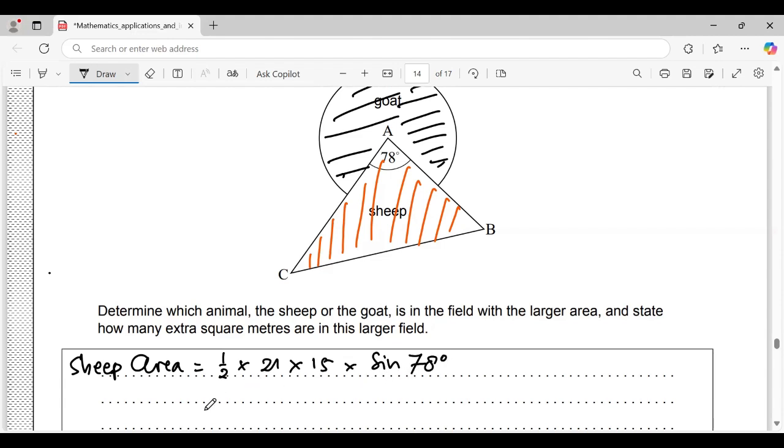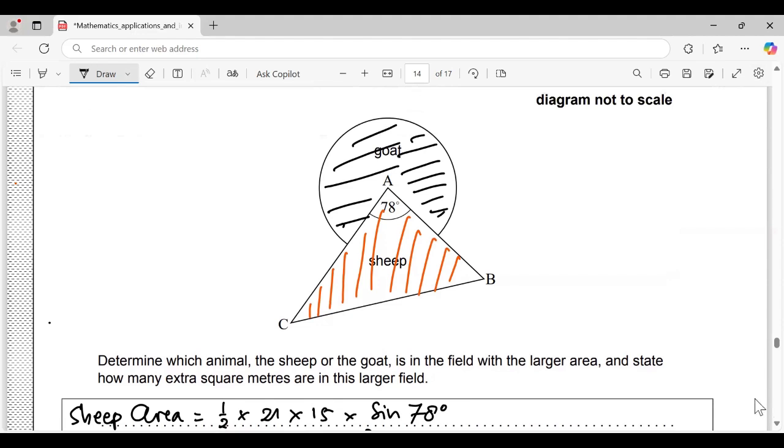Right. And if you calculate, the result is 154.05824 meters squared. That's the sheep area.